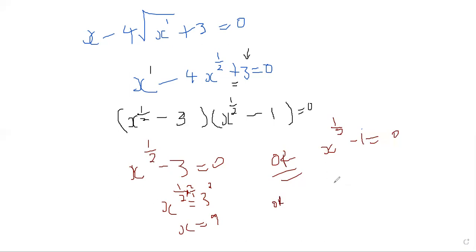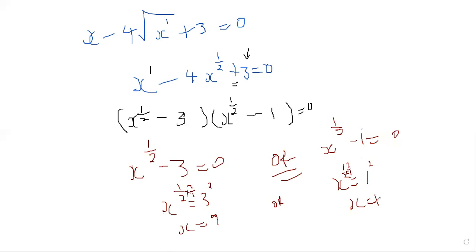Or x to the power of half is equal to 1, right? And you understand also this one, we multiply by 2, so 1 to the power of 2 is the same as 1. So those are the answers. x can be 9 or x is 1.